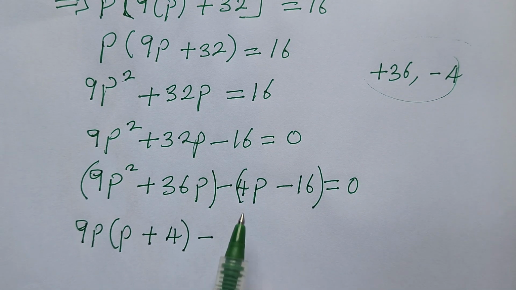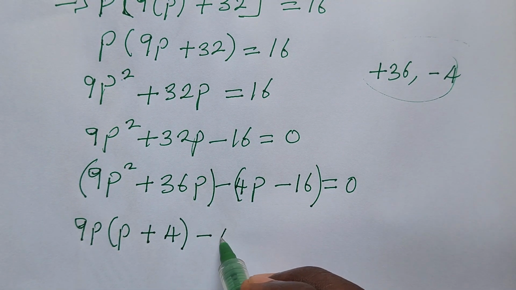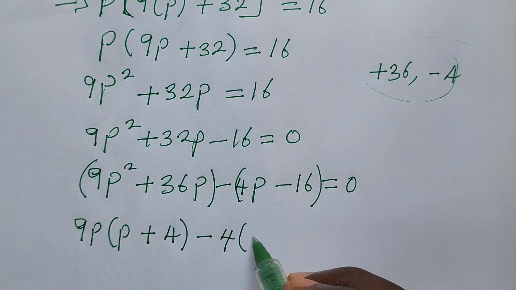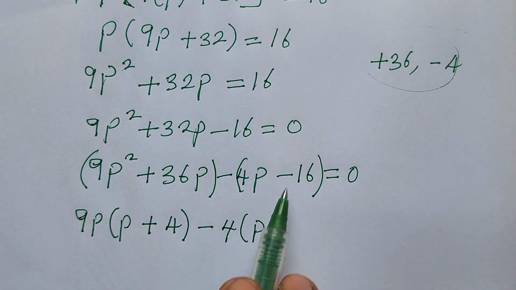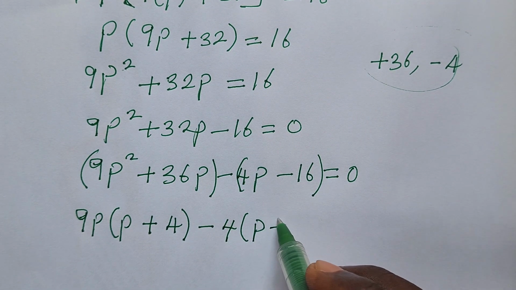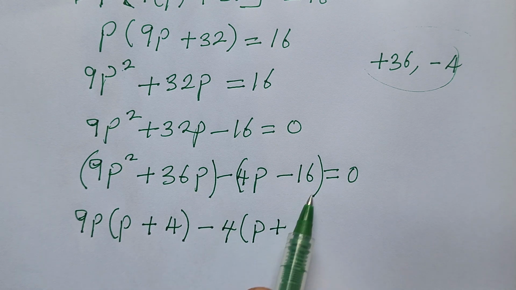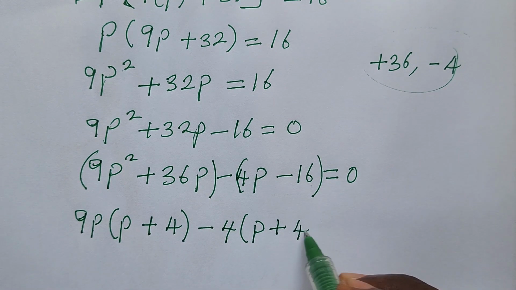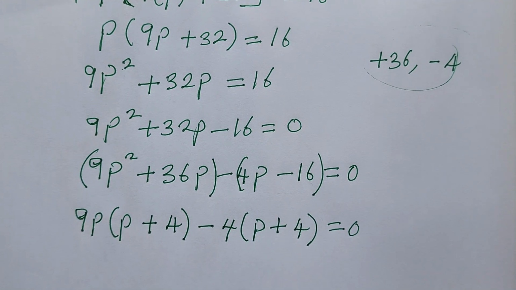Bracket minus, what is common here is just 4. So we have 4 bracket, let it be p minus, times minus will give us plus, 4 into 16 will give us 4. The bracket is equal to 0.